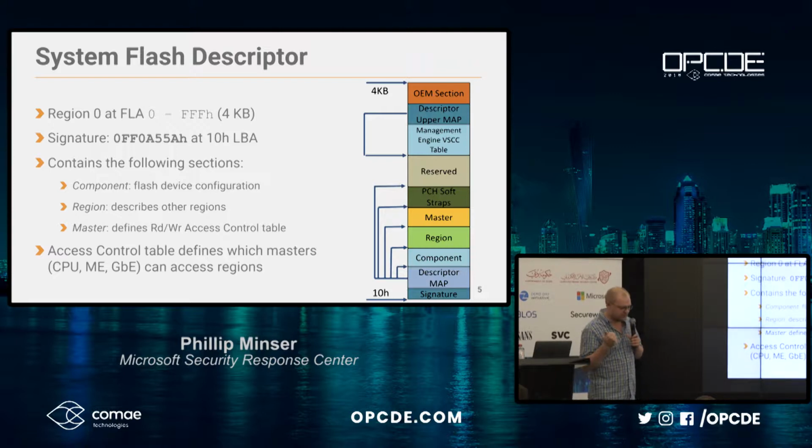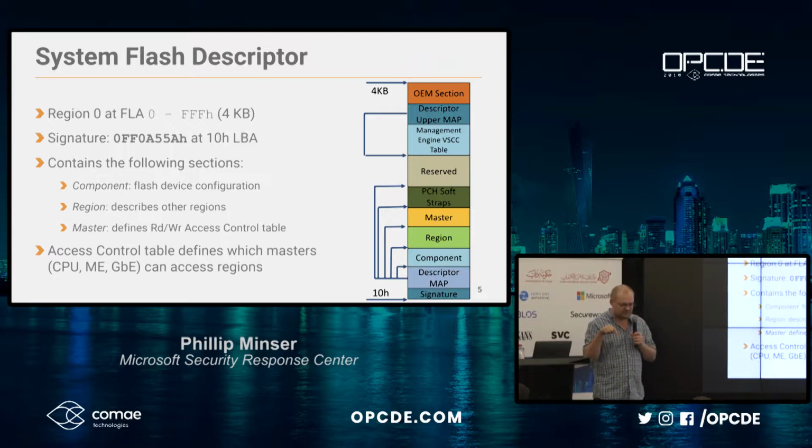Why is it still a really important protection? Because the BIOS control register covers only the BIOS region. So all of the rest of the regions should be protected by this access control table, including the SPI descriptor itself, because the SPI descriptor is one of the regions. The SPI descriptor contains this table.